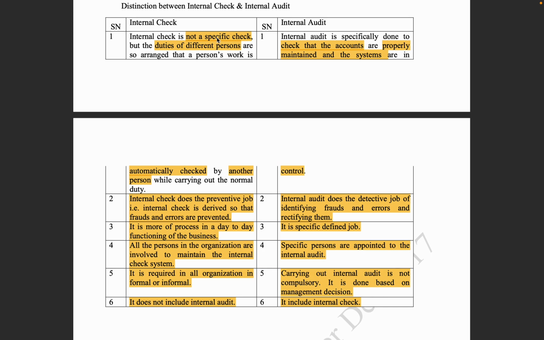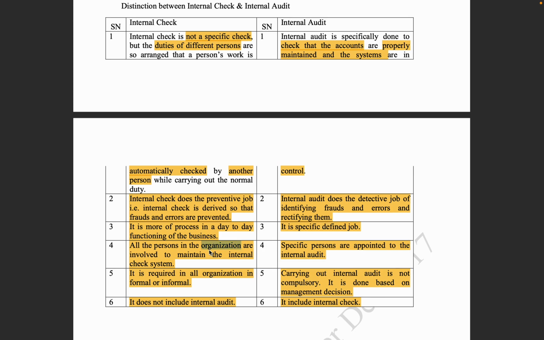Let's have a quick revision. Internal check is not a specific check, but the duties of one person are automatically checked by another person. Internal audit checks that the accounts are properly maintained and the systems are in control. Internal check is a preventive job; internal audit is a detective job. Internal check is done in the day-to-day functioning of the business, while internal audit is a specific defined job.